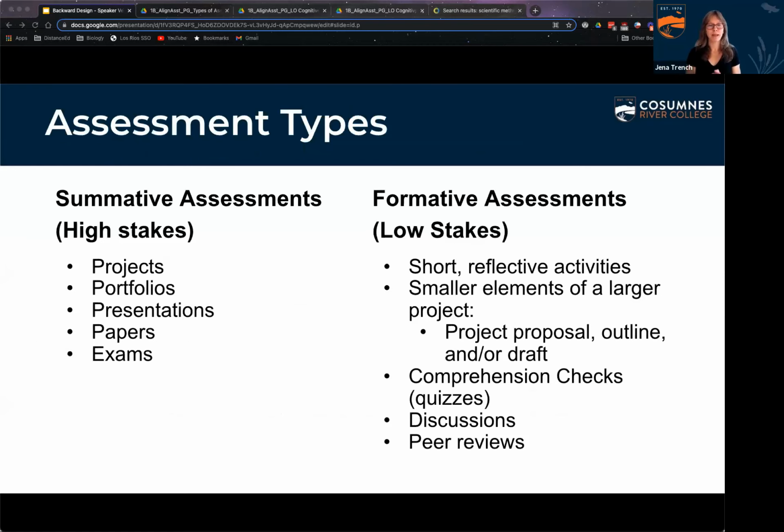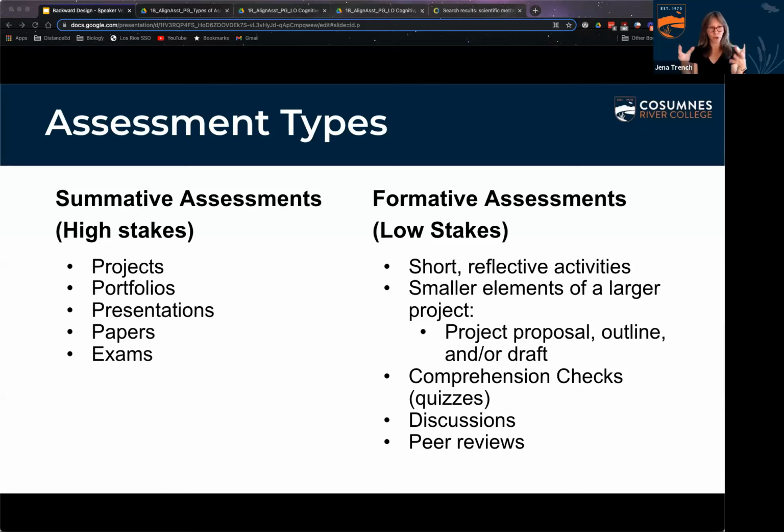So let's talk a little bit more about assessment types. We talked both about summative assessments and formative assessments. So the summative assessments are the ones that, if we're using backward design, we're going to work on first, because the summative assessments will be evaluating or assessing students' demonstration of the course learning objectives.